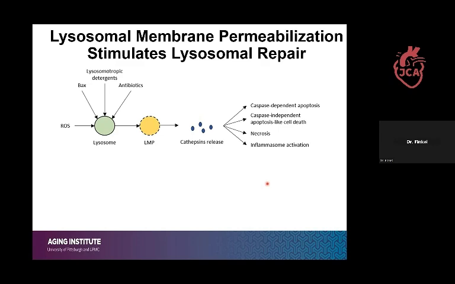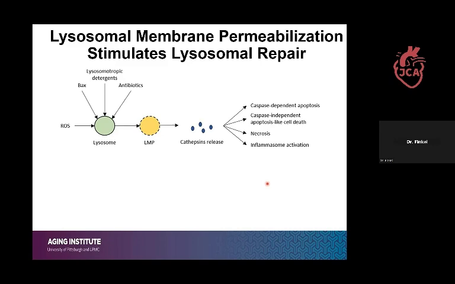But in all of those examples where lysophagy or the ESCRT proteins were shown to be recruited, what the scientists did was to damage the lysosomal membrane. And there's a variety of ways to do that.